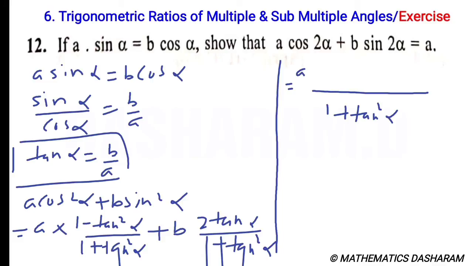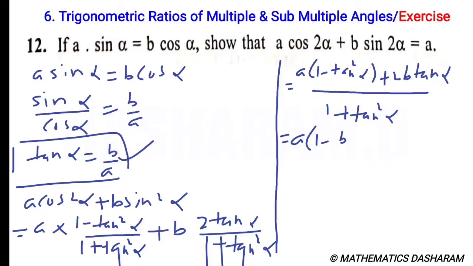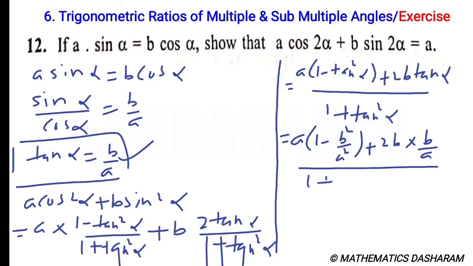So here a into 1 minus tan square alpha plus 2b tan alpha. So now substitute the tan alpha, that is b by a. So here a into 1 minus b square by a square, plus 2b into tan alpha value b by a, divided by 1 plus tan square alpha value b square by a square.